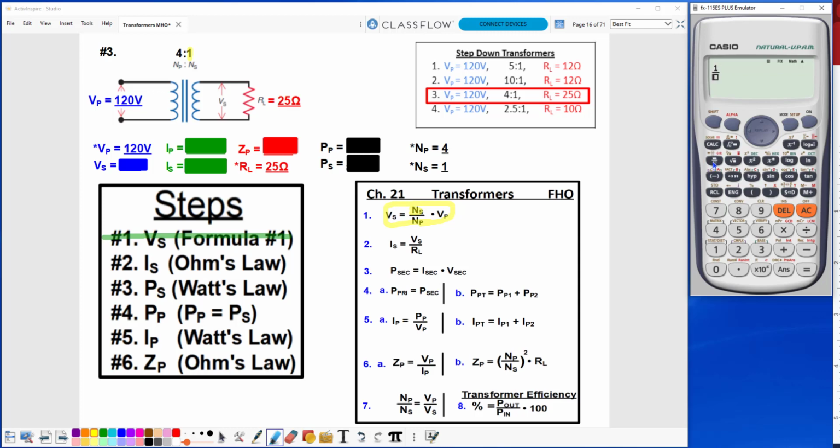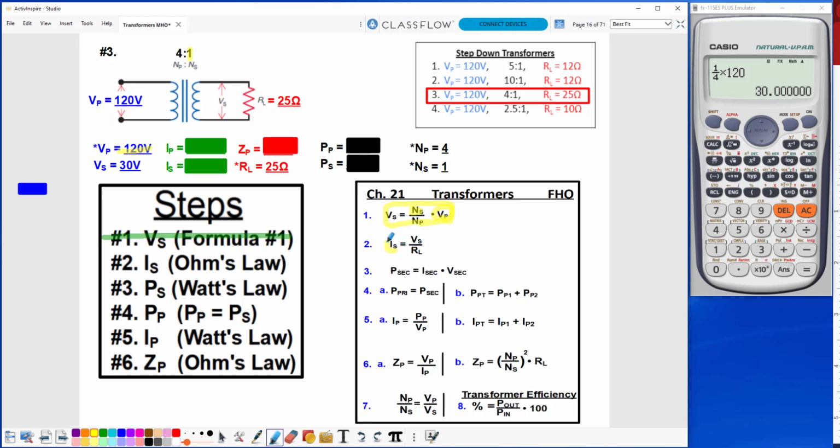And the number of windings of my primary is 4. I'm going to scroll over times the voltage of my primary, which is 120 volts. And this gives me 30 volts on my secondary.